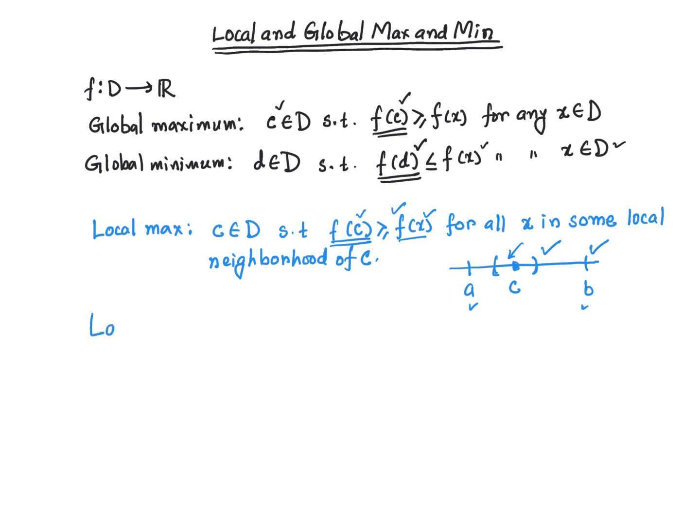Similarly, local minimum is, let's say D is an element of the domain D, uppercase D, such that f of D is less than or equal to f of x for all x in some local neighborhood.